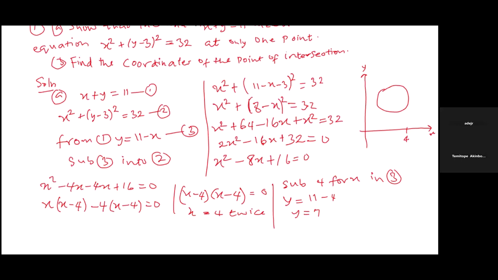So that means we are talking about this point. When x is 4, y is 7. So the line will go like this. Is that clear? Yes, sir. Okay. If there's any question, please don't hesitate to ask.